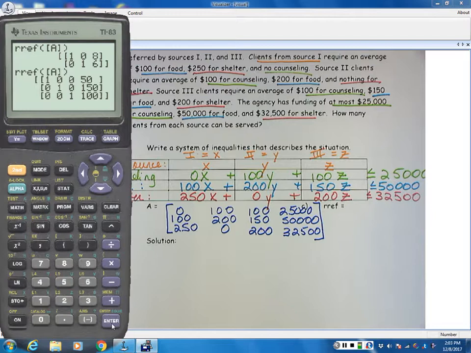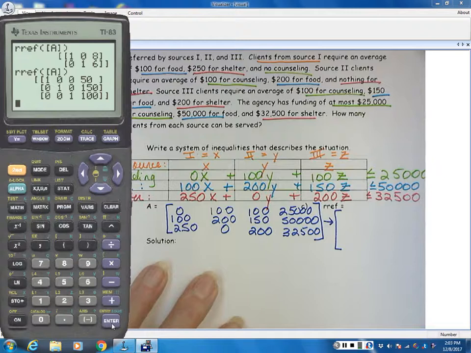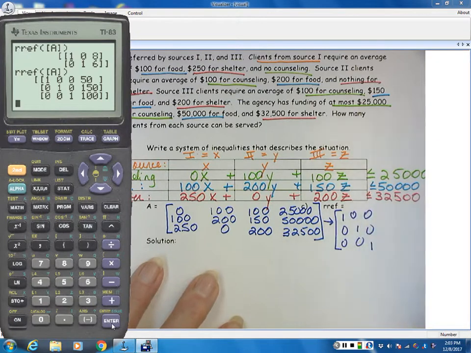So the reduced row echelon form of that is 1's on the diagonal, 0's everywhere else, and the last column tells us the solution.